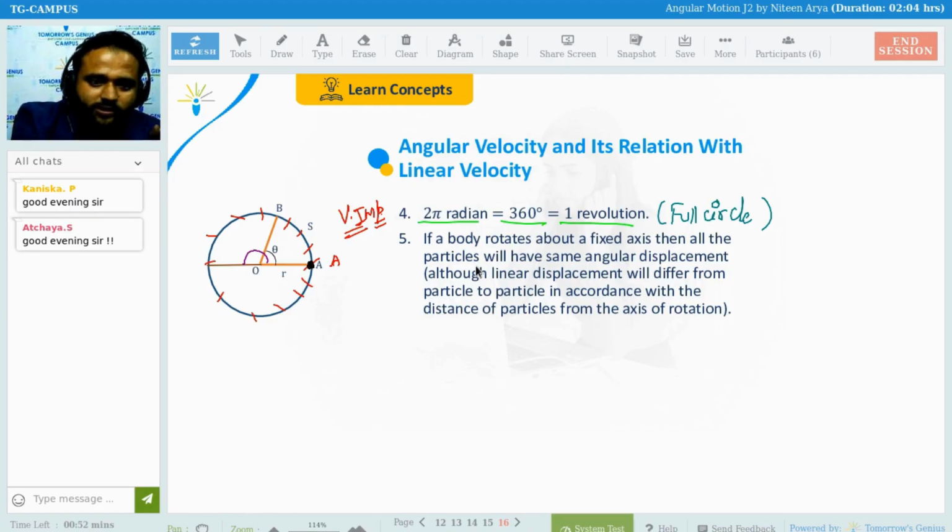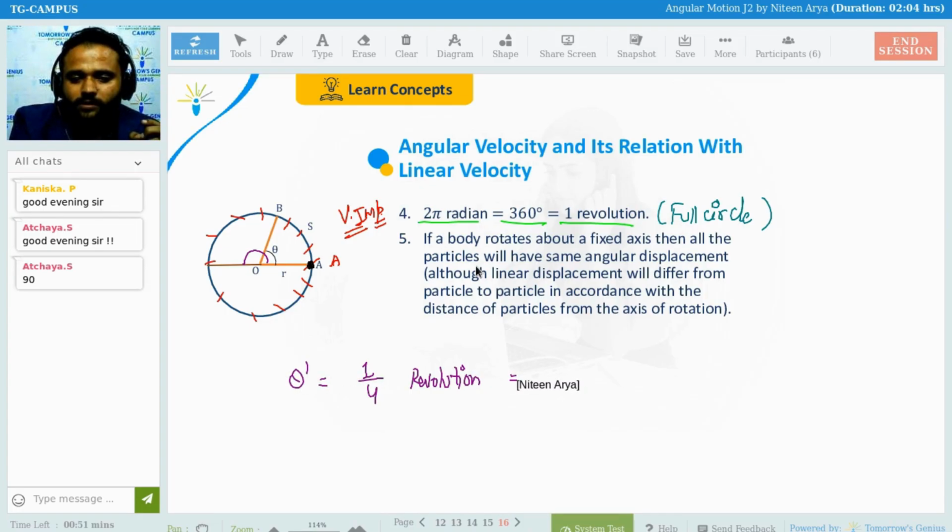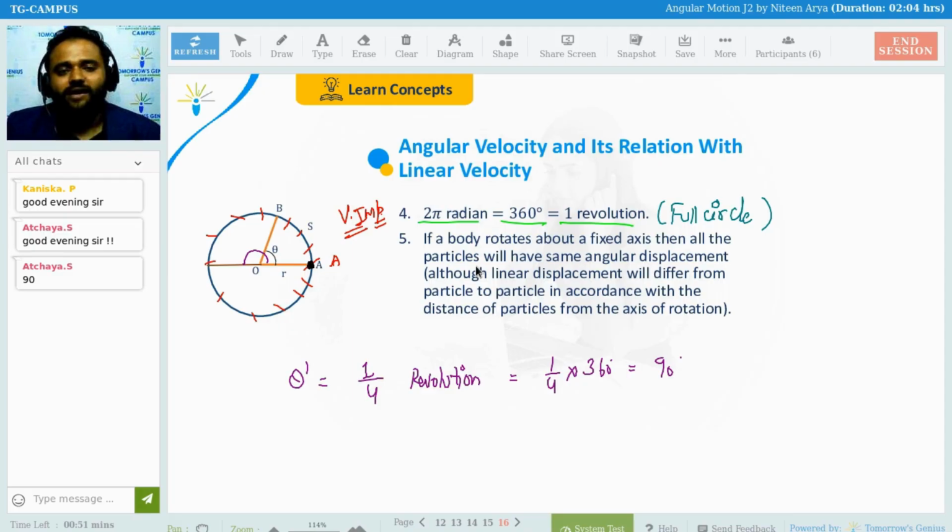See, understand this point. You understood what one revolution is: 2 pi, 360 degree, right? So if I say 1 by 4th of revolution, that is 90 degree exactly, 1 by 4 of 360 degree. In numericals they don't give you theta, they give it in this terminology, like 7 by 2, 3 by 4.